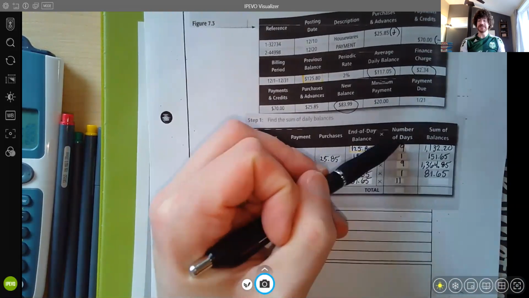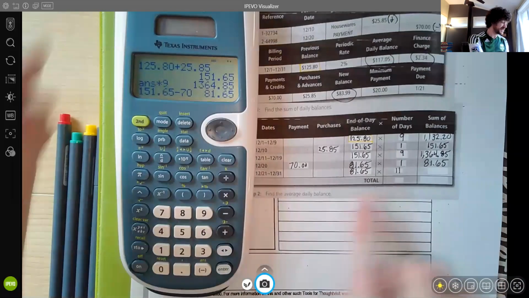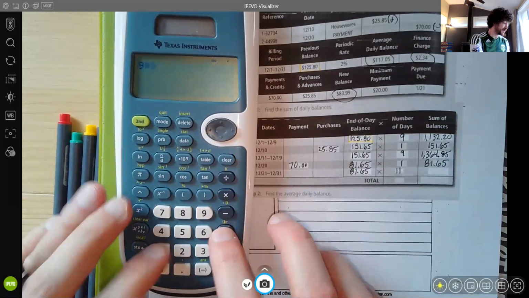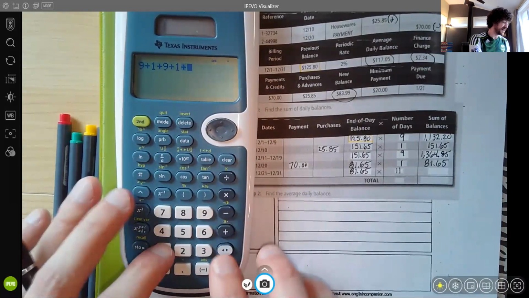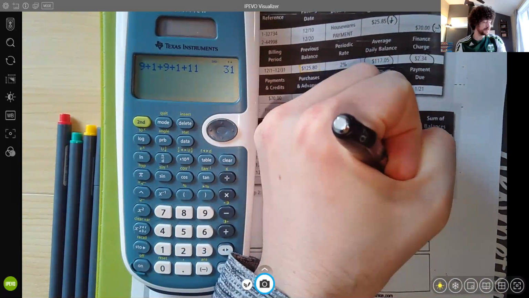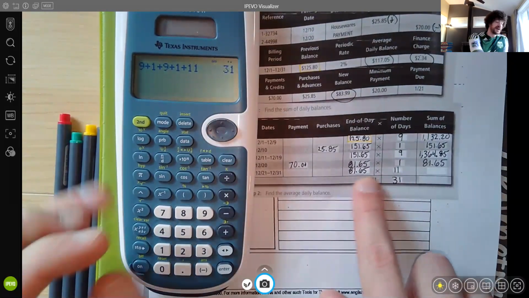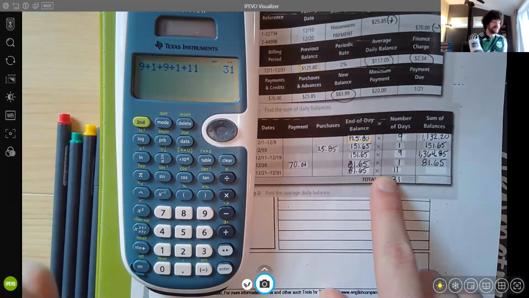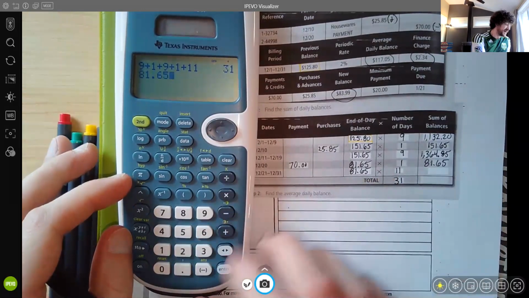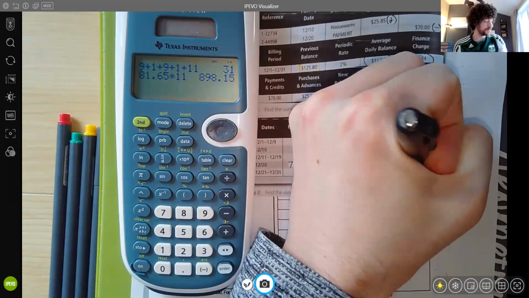So if we take a look here, total number of days, 9 plus 1 plus 9 plus 1 plus 11, 31. So we have a total of 31 days. And we also have to take our 81.65 and multiply that by the final 11 days, 81.65 times 11, and we get $898.15.